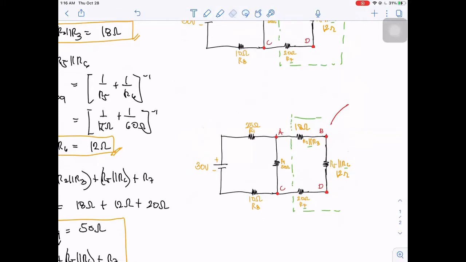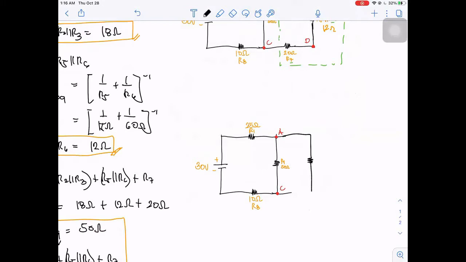Let's delete this one. And we have now our equivalent circuit.